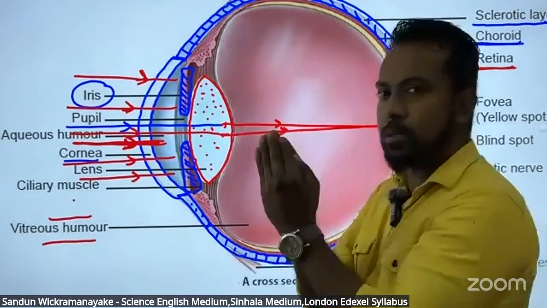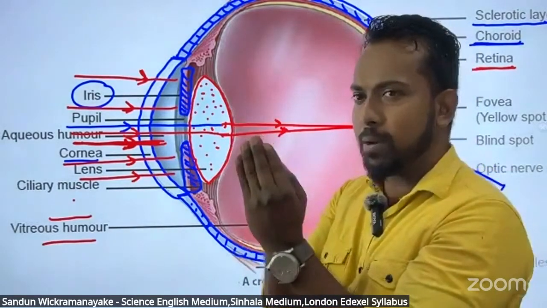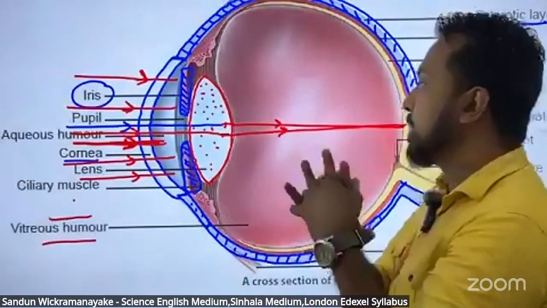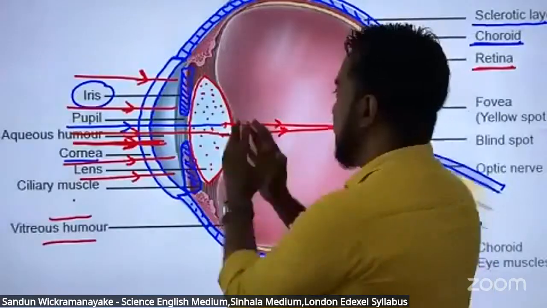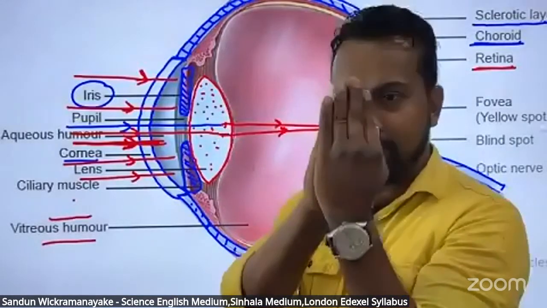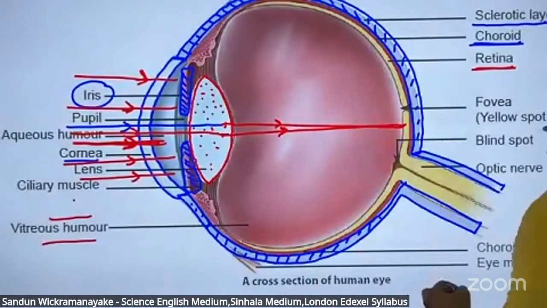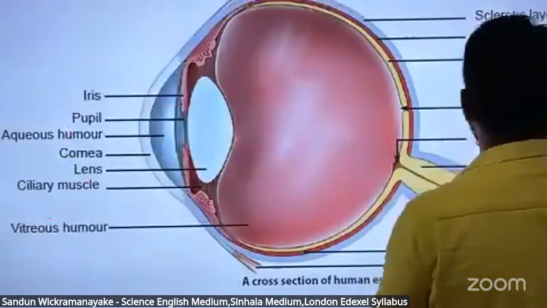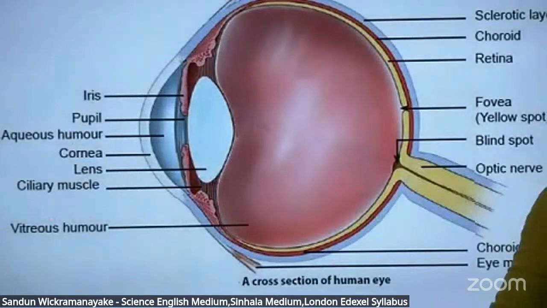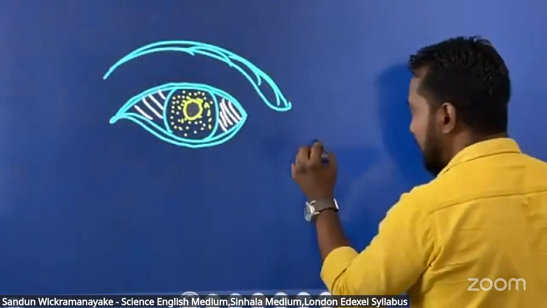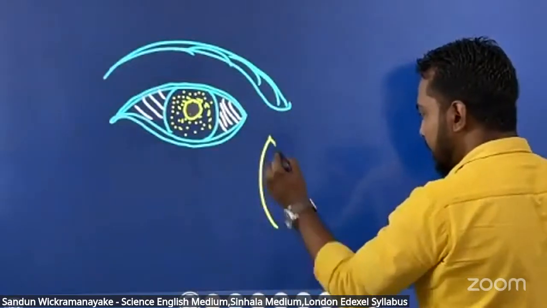So how does it happen? Because there's another tissue, muscle tissue, around this lens. Look at this. This is the eye lens.